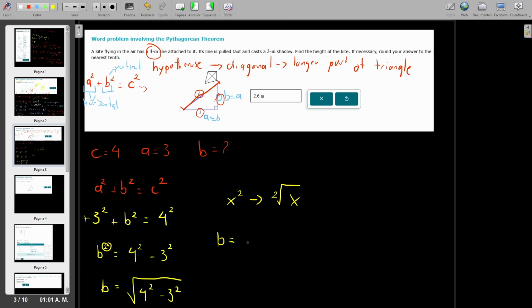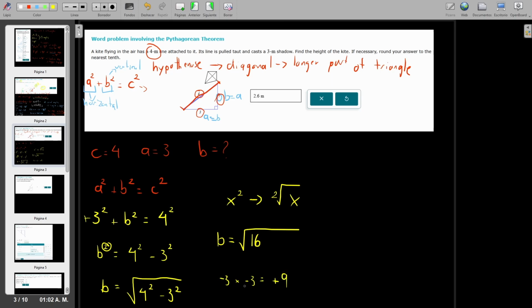b is going to be, we can put all of this in our calculator, but we can do this the old way. 4 times 4 is going to be 16. 3 times 3 is going to be 9. But remember, minus 3 times minus 3 is going to be 9 positive. Why?